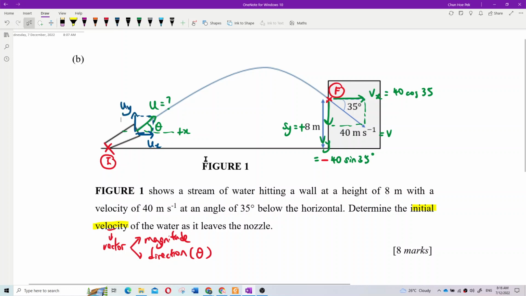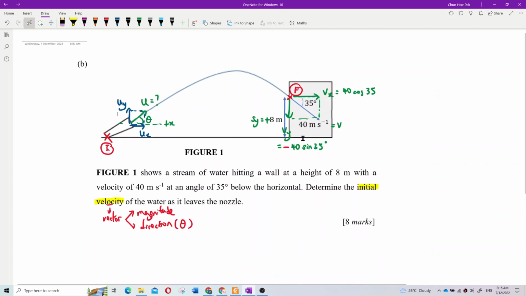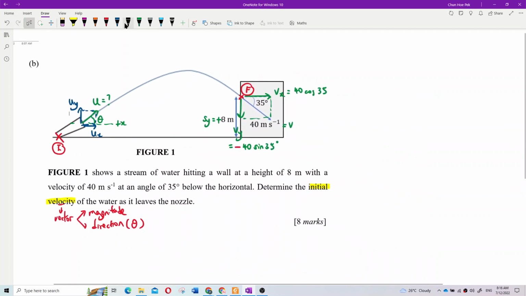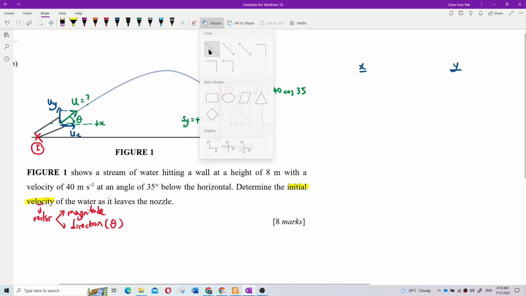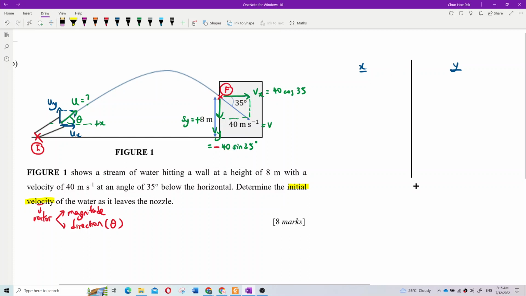So how are we going to do this question? We should separate into two components and write everything here, then it is easy for us to get the data.